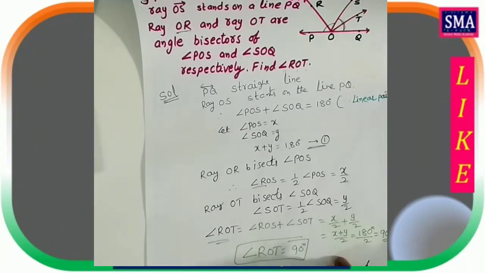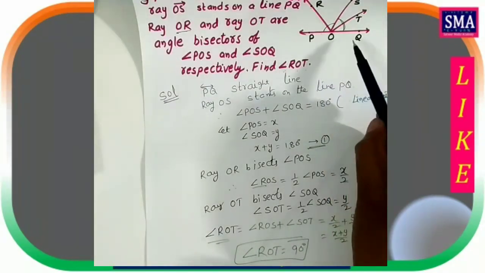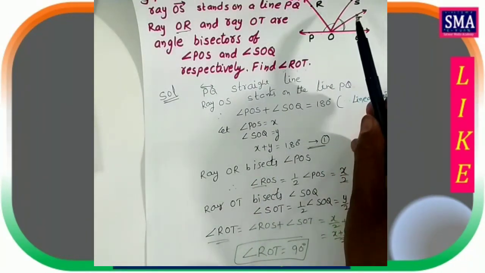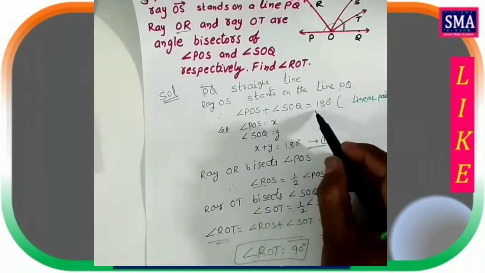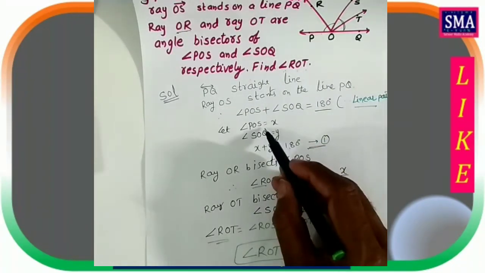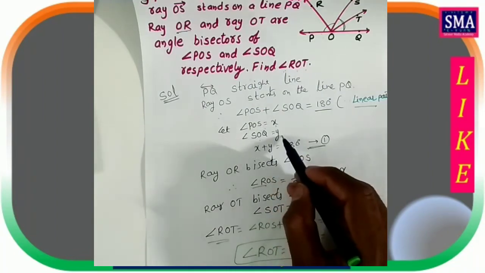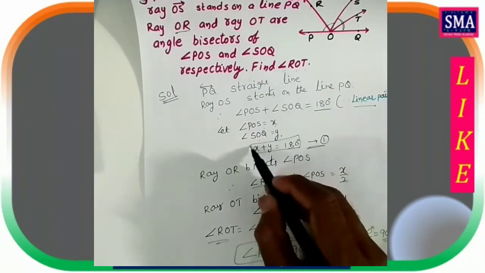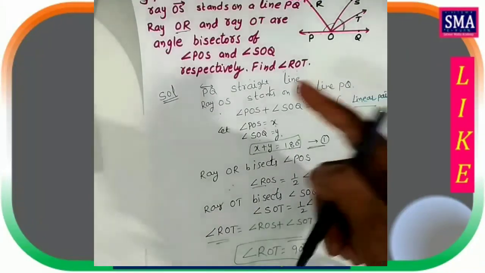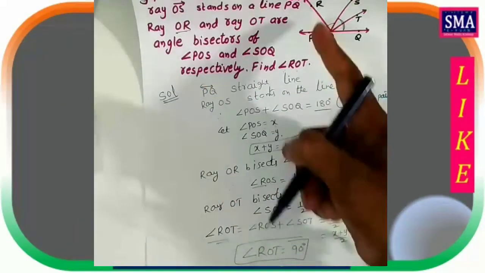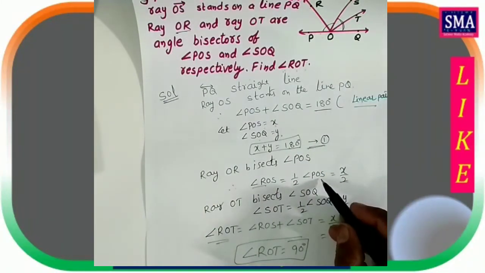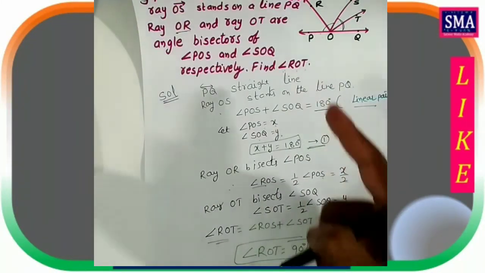Okay, students. First of all, observe the figure. PQ is a straight line. Ray OS stands on PQ. So, POS plus SOQ equal to 180 degrees, a linear pair. Let POS be equal to X and SOQ be equal to Y. X plus Y is equal to 180 degrees. This is equation 1. From the data, ray OR bisects POS. Therefore, ROS is equal to half of POS, equal to X by 2.